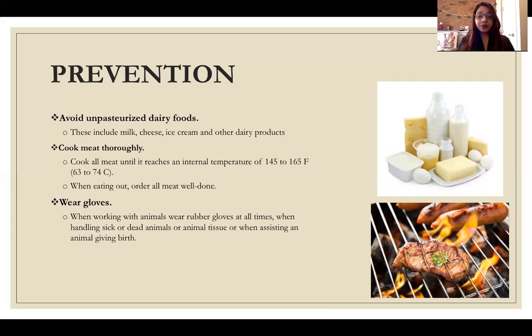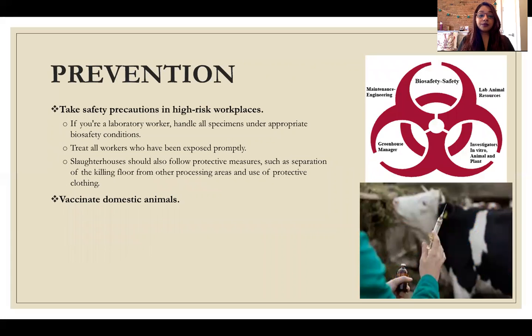For people who might be working with animals, or handling sick or dead animals and animal tissues, you want to make sure that you always wear rubber gloves. Taking safety precautions in high-risk workplaces is also ideal to preventing this disease.